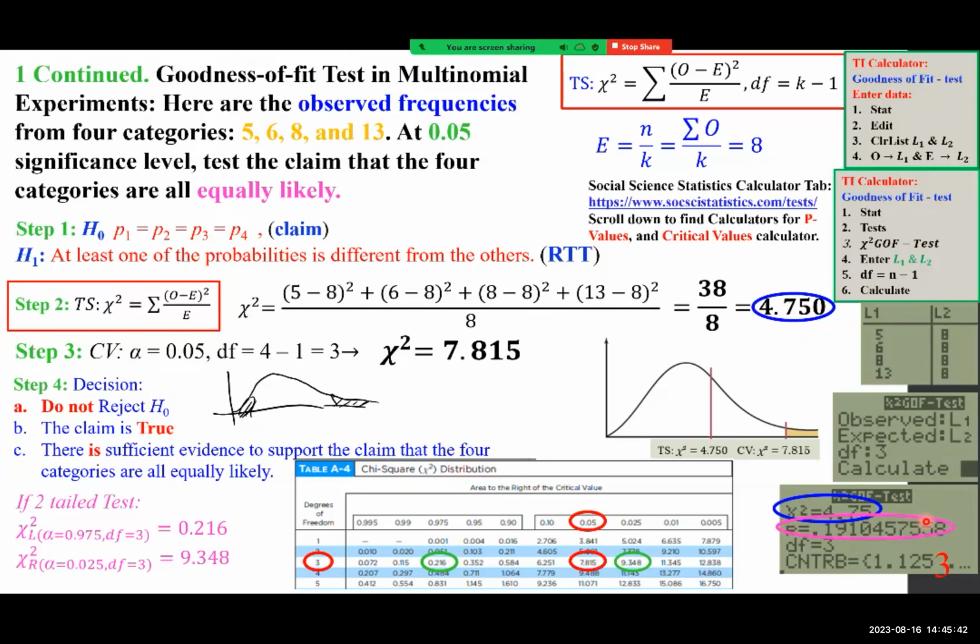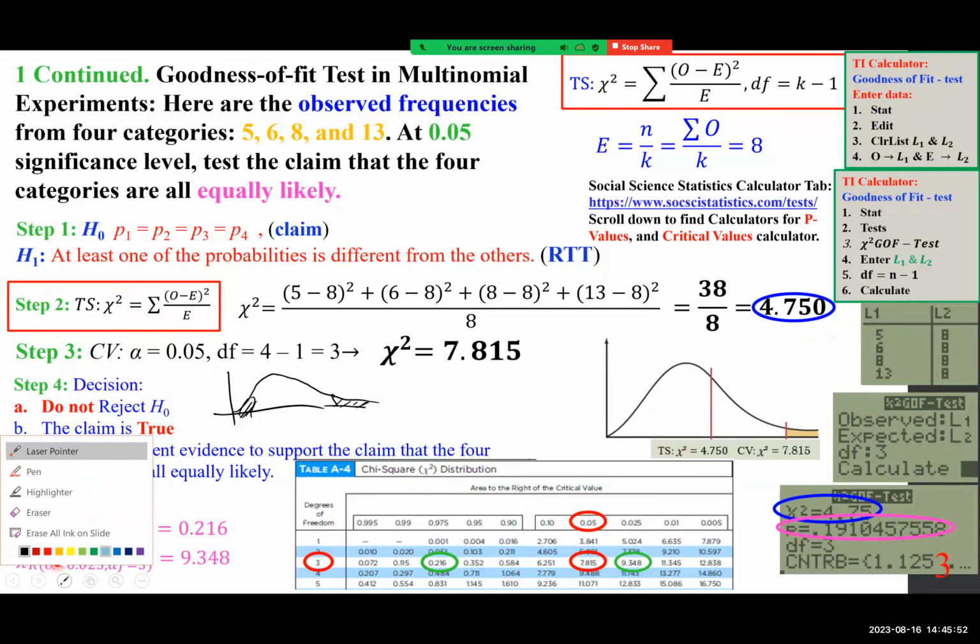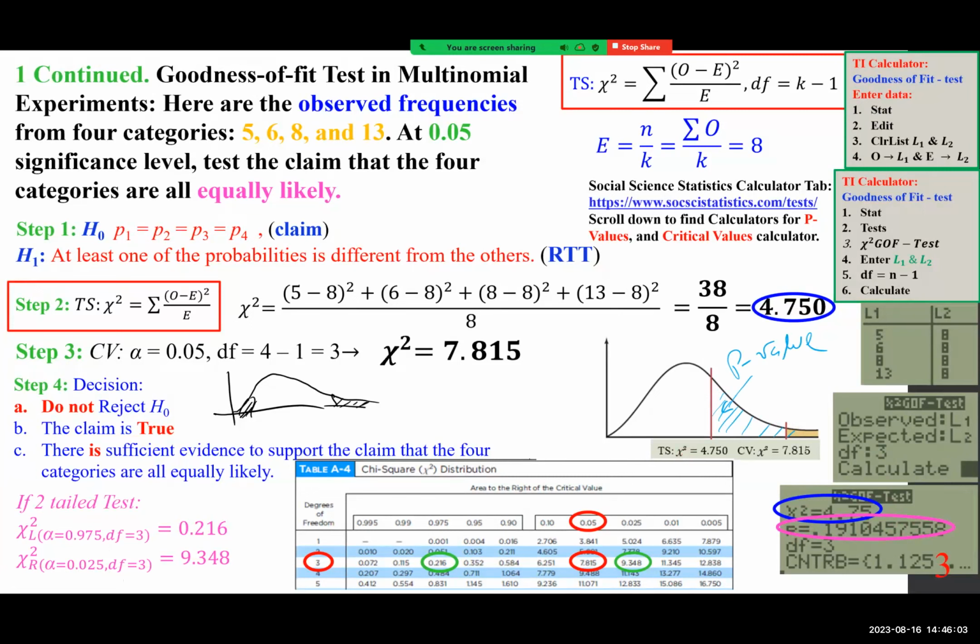The p-value is the area to the right of the test statistic. So the p-value is 0.1910 and continues, which is way larger than alpha of 0.05.